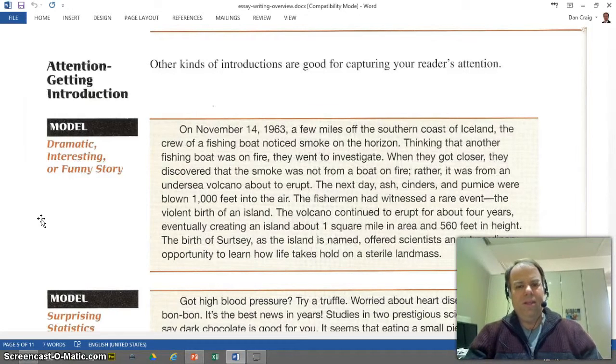Now if you take a look at this example, they're talking about the experience that this boat crew had seeing an island grow out of nowhere. But in the end, the actual thesis is that this offered scientists an extraordinary opportunity to study how life takes hold on a sterile landmass.